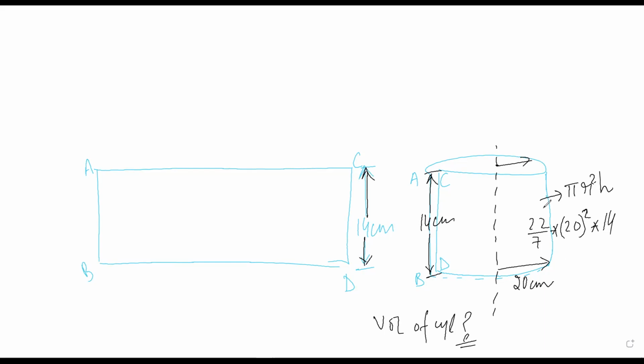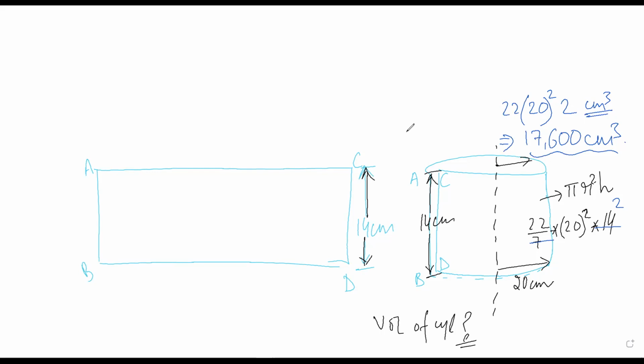Then you calculate. So 7 to the 14. So you need to calculate 22, 20 square, 20. Now all the dimensions are in centimeter. So the final answer should be 17,600 centimeter cube. Mr. Satya, any doubt? No doubt, sir.